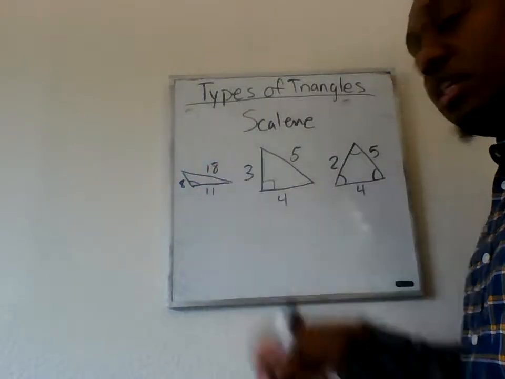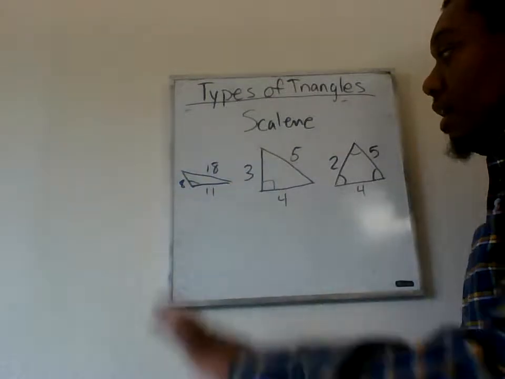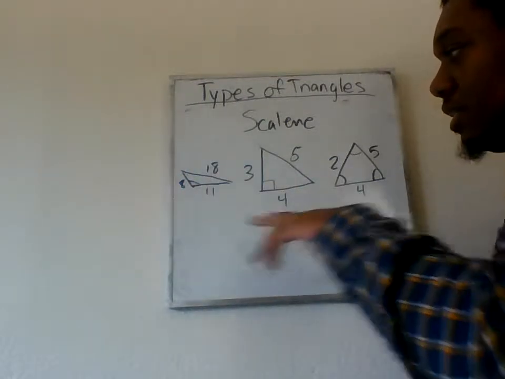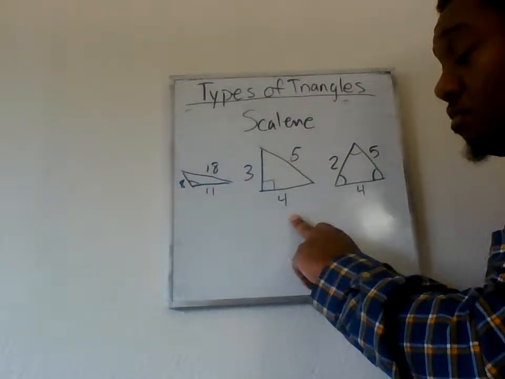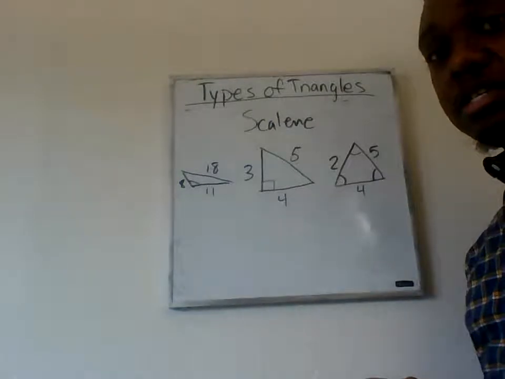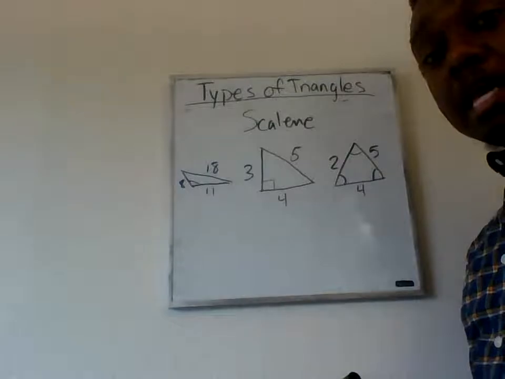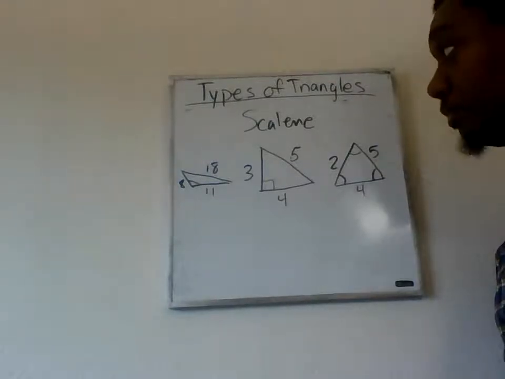This is definitely an obtuse here because we have a much larger angle there. But in this case, we have a scalene obtuse, we have a scalene right, we have a scalene acute. All 3 are possible because none of the sides are the same, so they're all scalene. But depending on the angles inside, we can also define it by something else, by the angles.